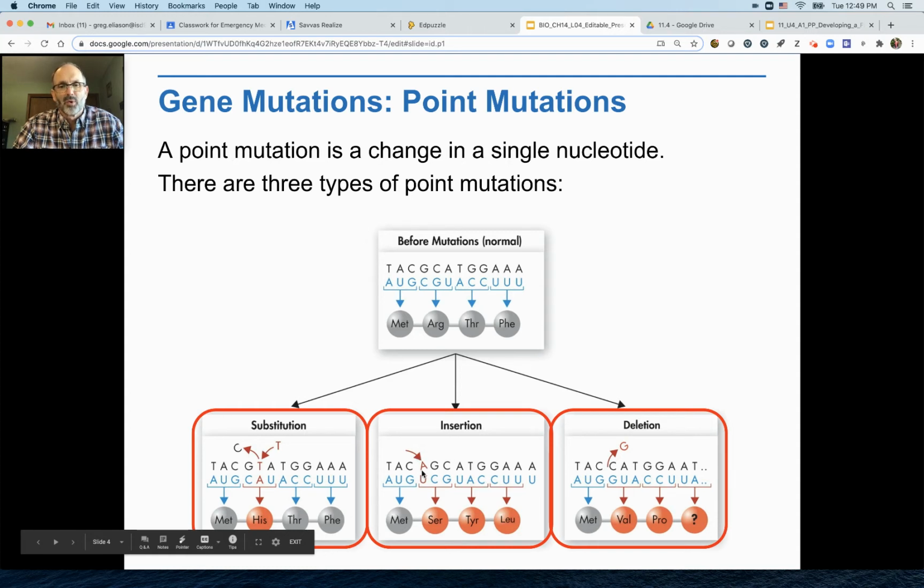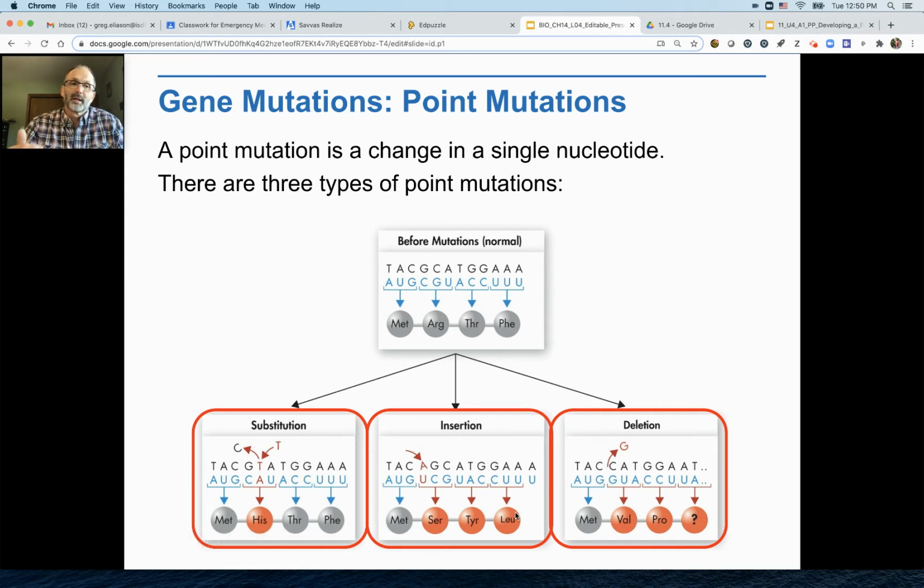So if we do an insertion here, we add a nucleotide here, adenine in this example, then that shifts everything to the right of it down one notch, which shifts the sequence of amino acids after that. That can have a major effect on a protein, depending on where that occurred in the gene.